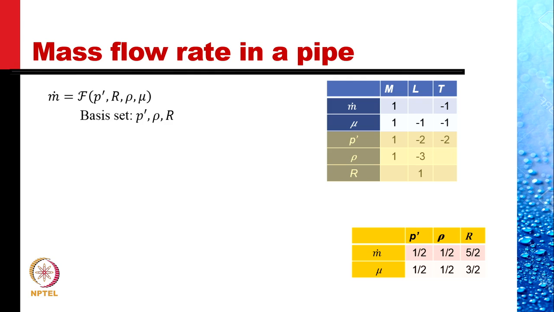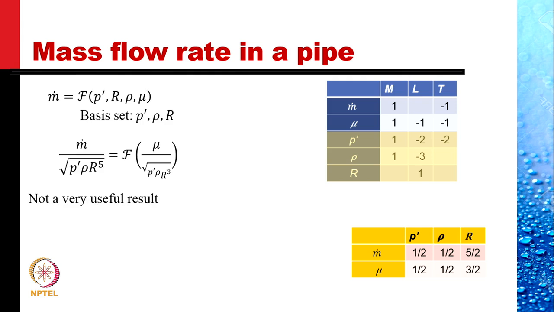With this table, we can write the two non-dimensional groups of parameters as m dot divided by square root of P prime rho r to the fifth, and mu divided by square root of P prime rho r cubed. Not a very useful result.